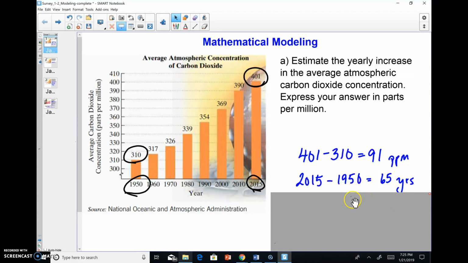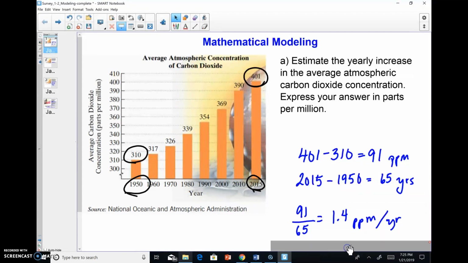Okay, so to get the average yearly change, we're going to take 91 divided by the 65, and that simplifies very nicely to 1.4, and the label for that is parts per million per year. All right, so that's how much it's changing on average per year.